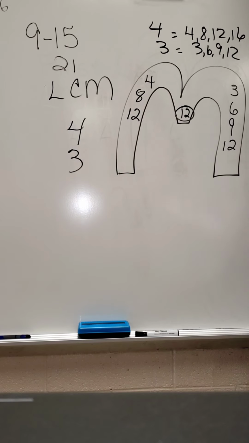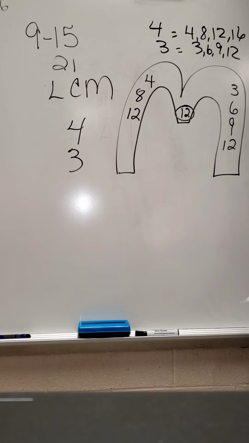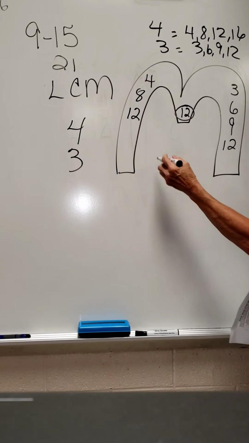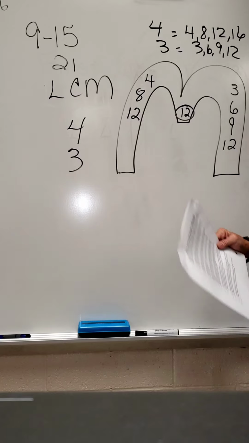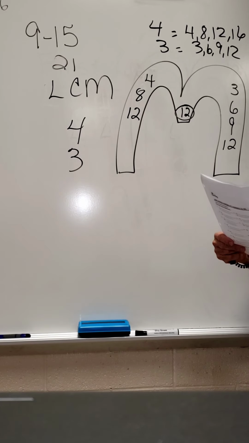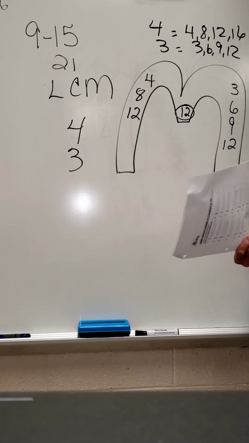Okay, now, when we start doing word problems, which is on your next page, there are certain words associated with GCF and LCM. For LCM, give me some words that would mean least.